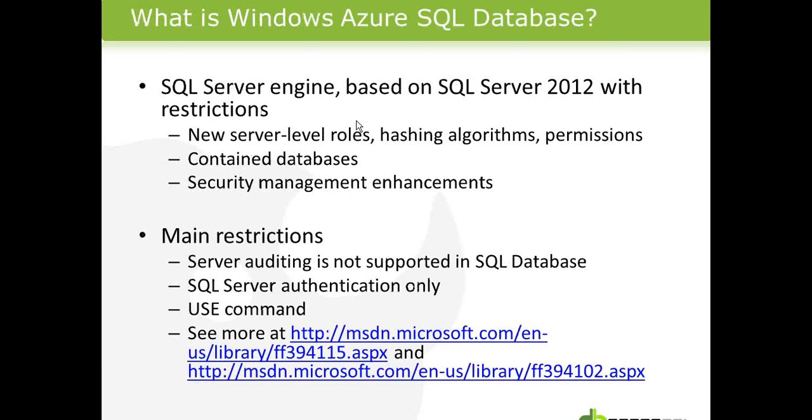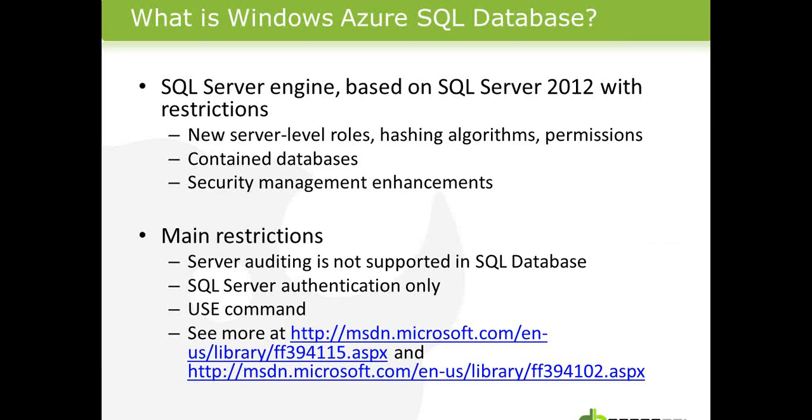What is Windows Azure SQL Database? It's a SQL Server engine on a relational database management system that is based on SQL Server 2012, the latest version of Microsoft, codenamed Denali, but with a few restrictions. We're going to discuss that in detail later.